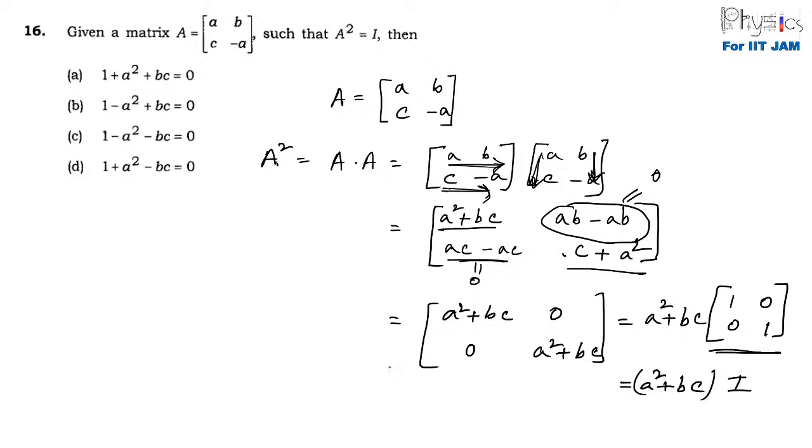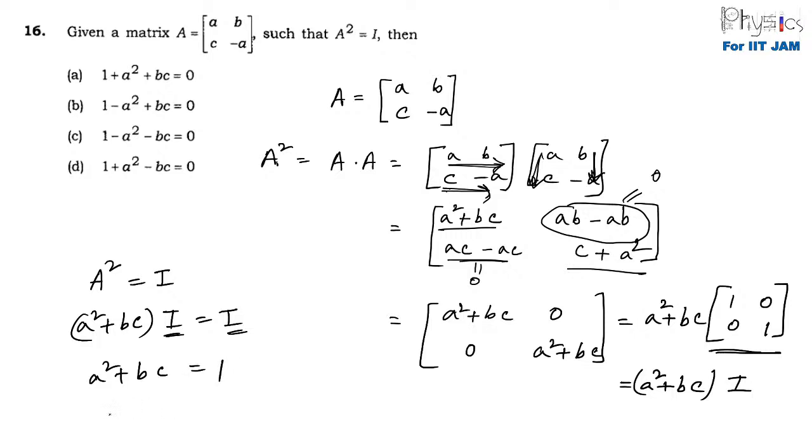So if A square equal I, that means A square plus BC times I equal I, right? Now what is this? These are identity matrices. That means A square plus BC equal 1. That is 1 minus A square minus BC equals 0.